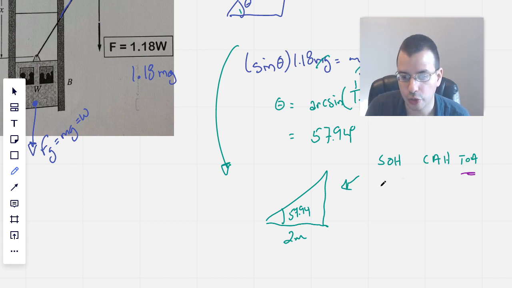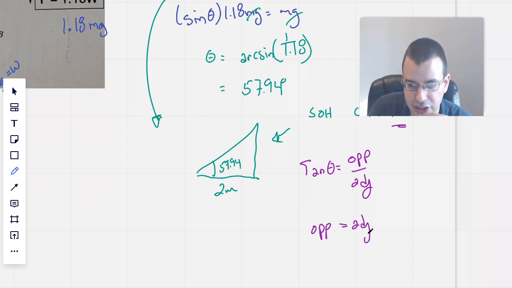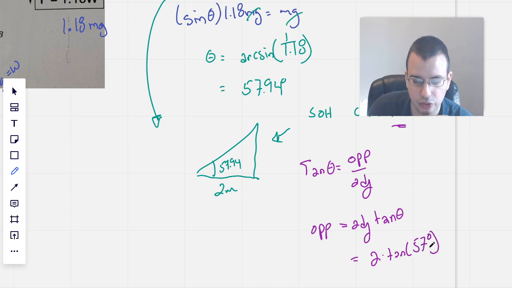We want the opposite over the adjacent, so we'll use tangent of theta equals opposite over adjacent. Solving for opposite, because that's going to be our x max, which is really a y value, equals adjacent times tangent of theta, which will be 2 times tangent of 57.94 degrees.